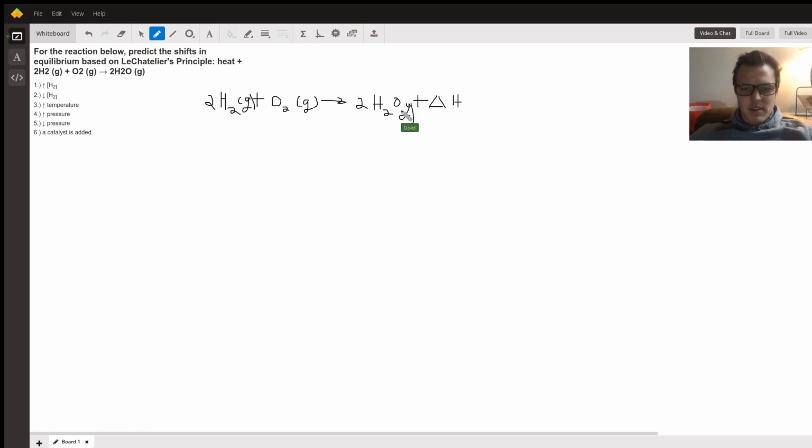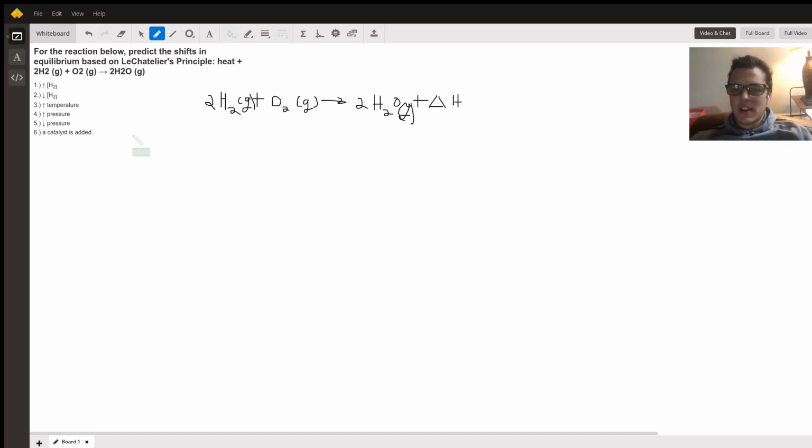Since there are 3 moles of gas over here and only 2 moles of gas over here, pressure is going to favor the lower amount of moles of gas. So your products will be favored. But if you have decreased pressure, it's going to favor the greater amount of moles, so your reactants would be favored for part 5.